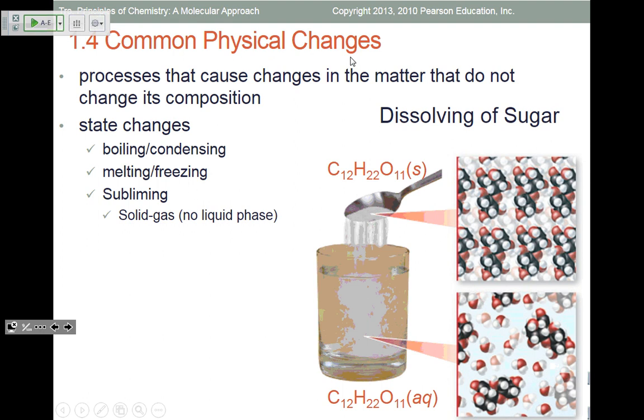Our water molecules are going to break up our crystal structure and surround our sugar molecules, but our sugar molecules don't change. They're still sugar. We can boil off the water and we still have sugar. So that's still going to be a physical change. We're not actually chemically modifying the sugar or the water. We're just making a homogeneous mixture by mixing them together.